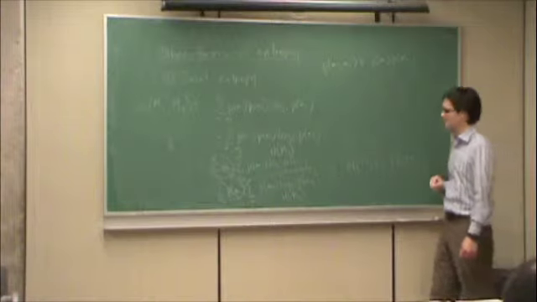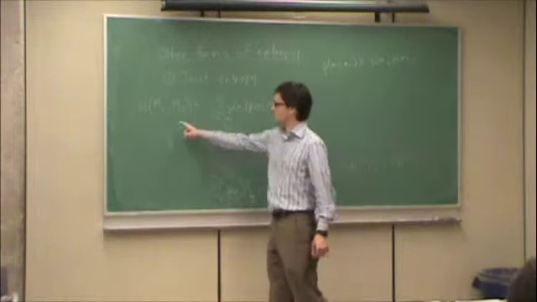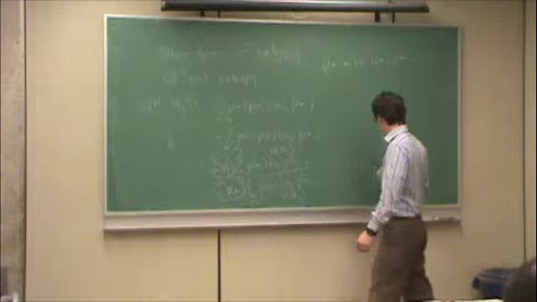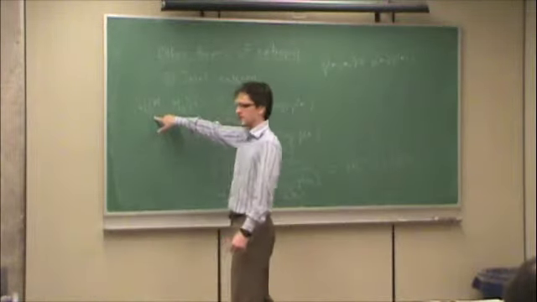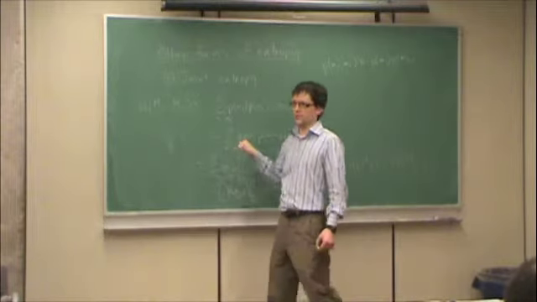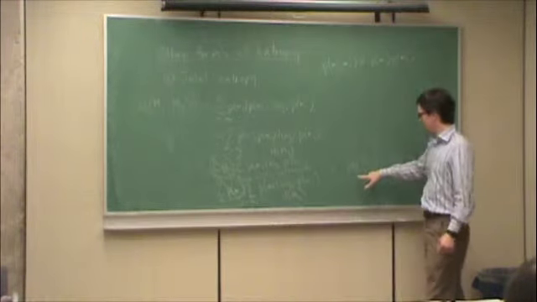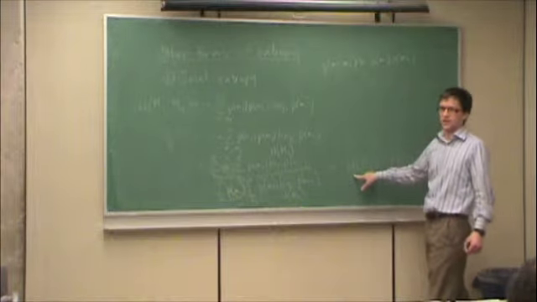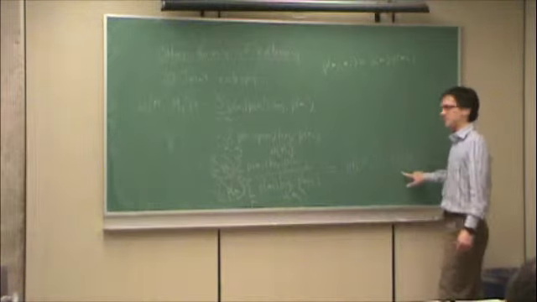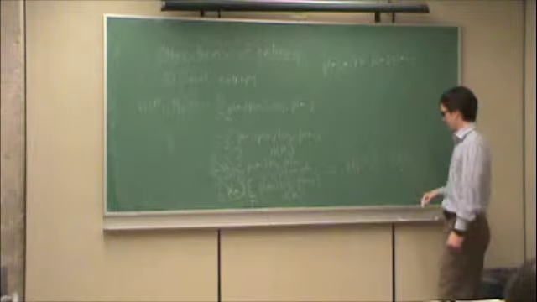So what does that mean? That means if M1 and M2 are independent, remember this is the average length of the most possible compact representation of M1 and M2 together. But this is telling me that's equal to the most compact representation of M1 separately plus the most compact representation of M2 separately.